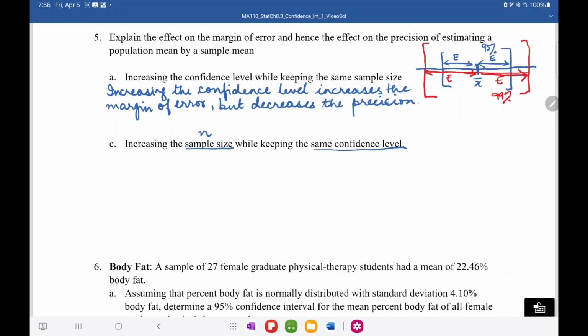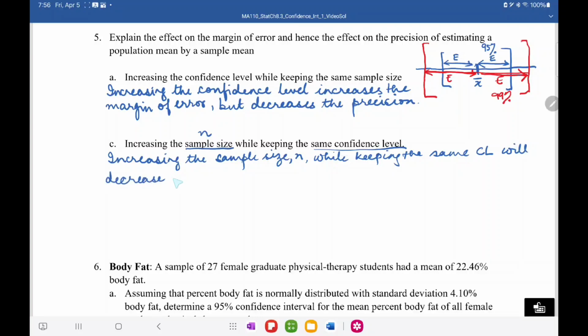So let me write that down and then I'm going to show you mathematically how that's going to happen. Increasing the sample size n, while keeping the same confidence level, will decrease the margin of error, E, and it will increase the precision.